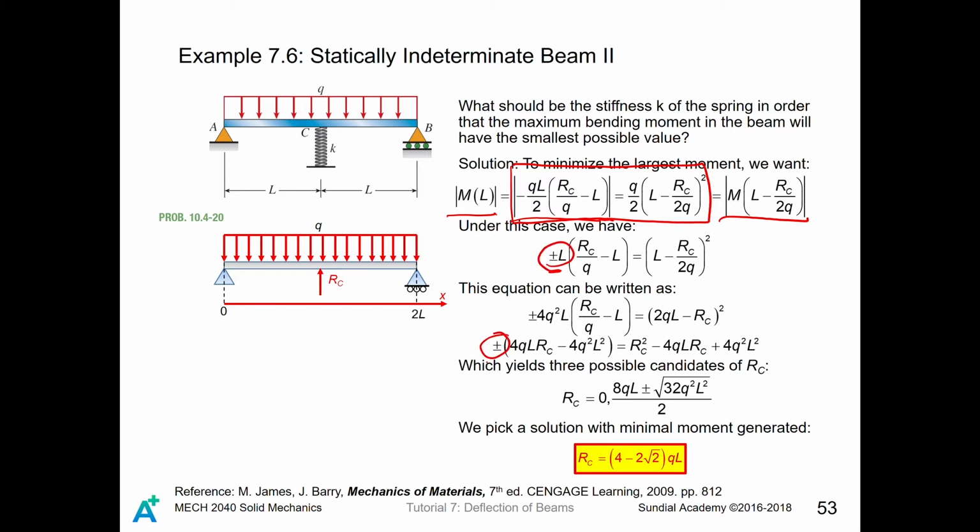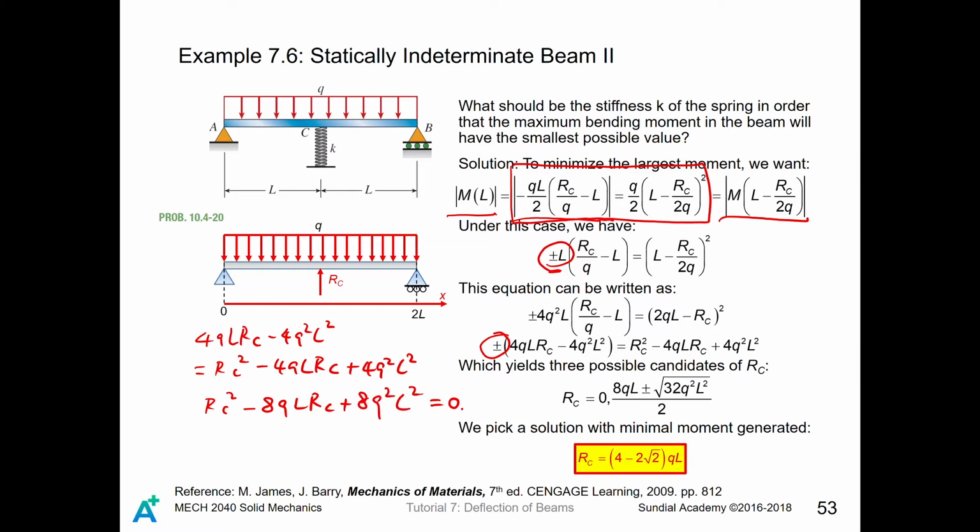If the sign here is plus, then 4QL RC minus 4Q squared L squared equals RC squared minus 4QL RC plus 4Q squared L squared, which means that RC squared minus 8QL RC plus 8Q squared L squared equals 0, which is a quadratic equation of RC.